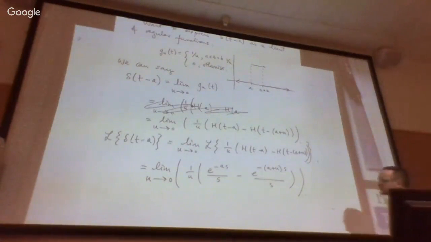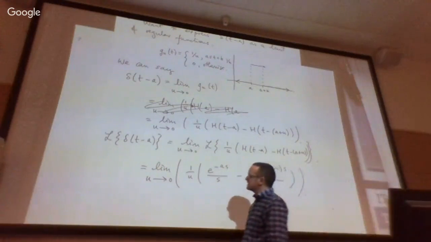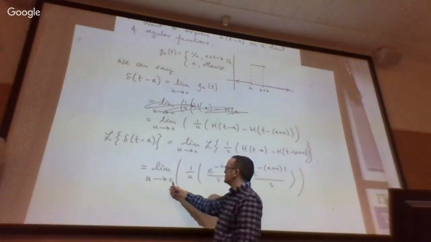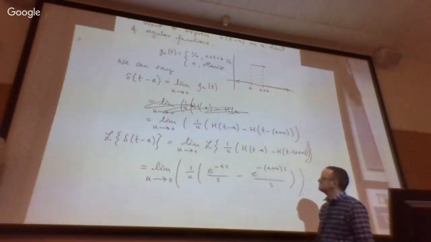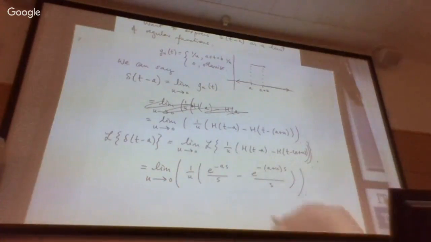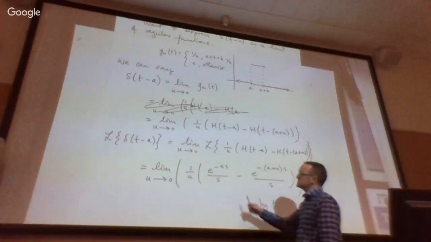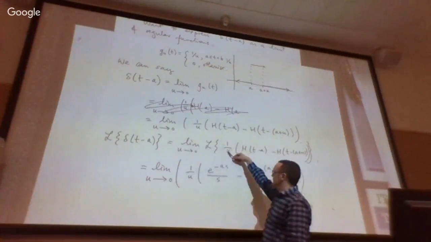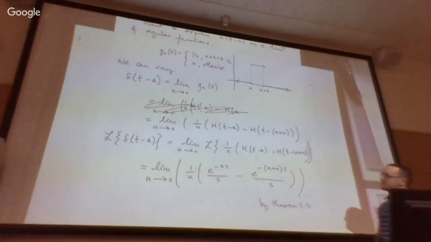Now what can we do with this? We want to figure out this limit. It's a limit as u goes to 0. Those two results are just using theorem 2.4 about the transform of Heaviside step functions. This 1 over u is just like a constant multiple of that.